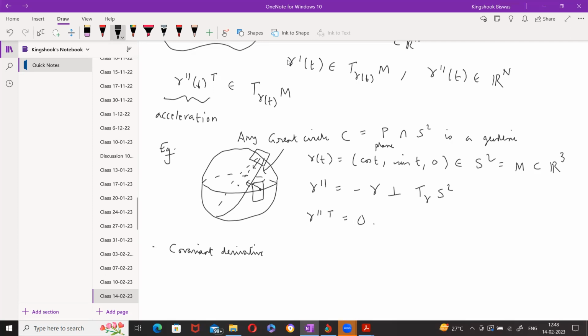So suppose gamma is a curve in M and V is a vector field along gamma, right? So then we want to define the covariant derivative D capital D V over dt. What can we define this to be?